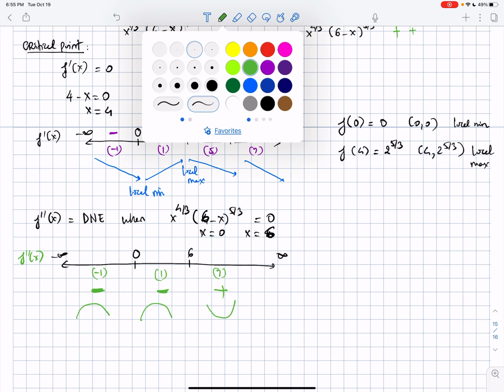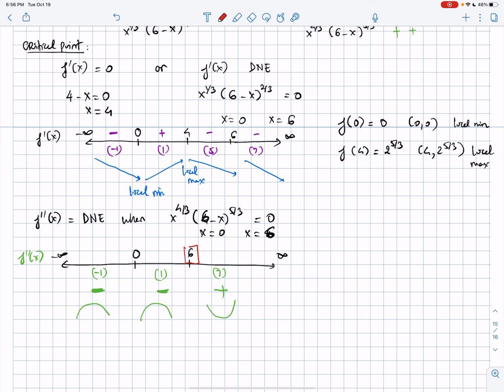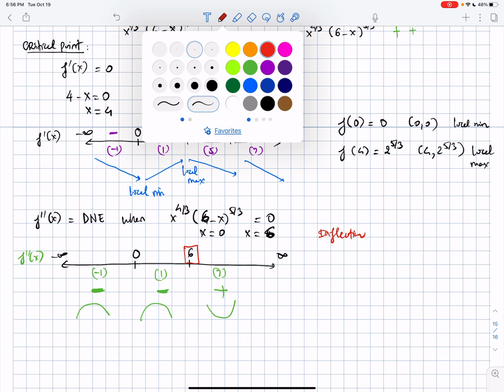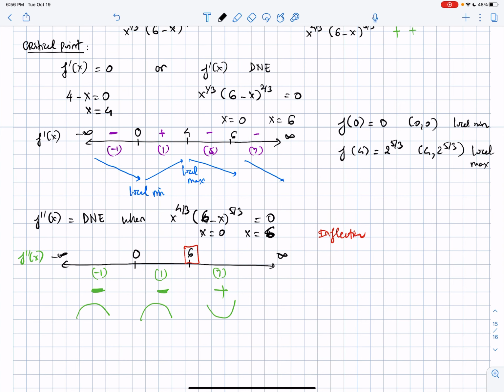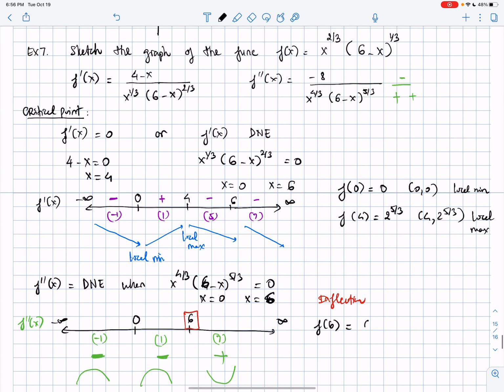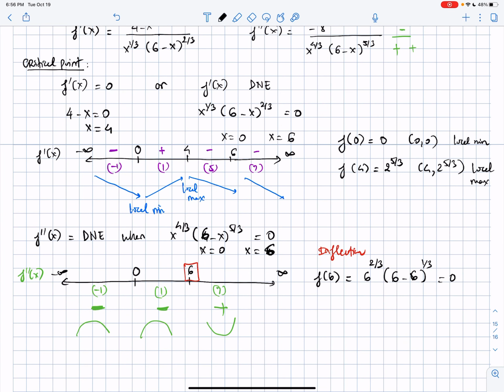The inflection point will be at 6, because the left side of 6 is concave down and then it changes to concave up. So we plug in 6 into the function: f of 6 equals 6 to the 2/3 times (6 minus 6) to the 1/3, which gives 0. So (6, 0) is the inflection point.